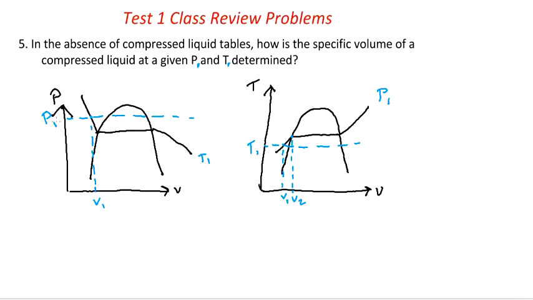In this demonstration, it would be the same pressure but a different temperature, so this would be T2. So this is again V2. That's one option.